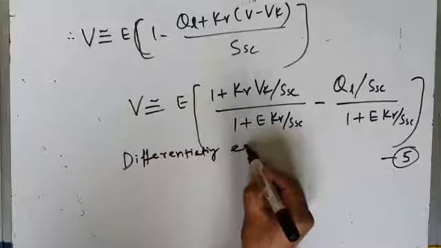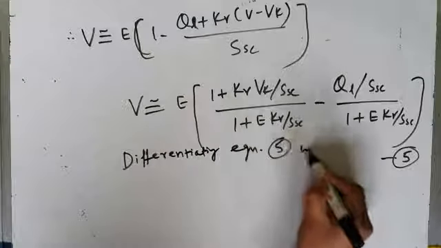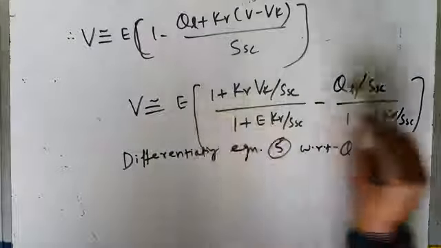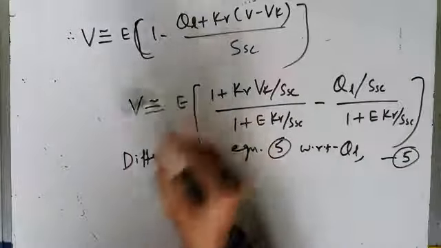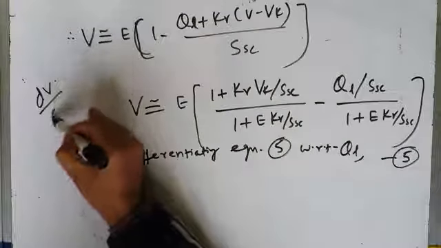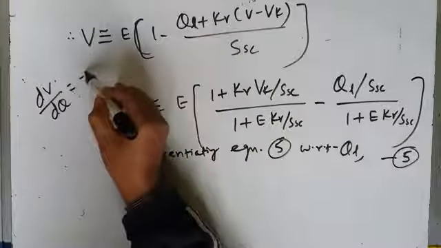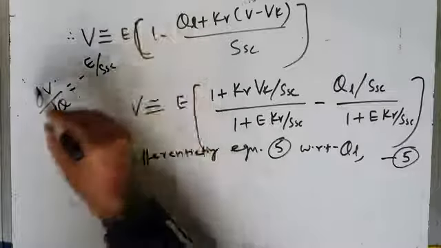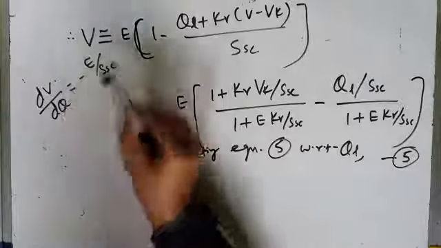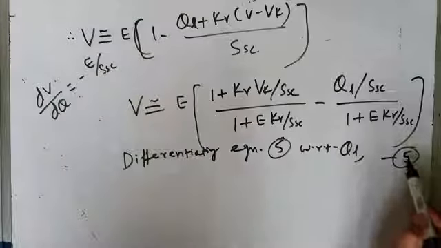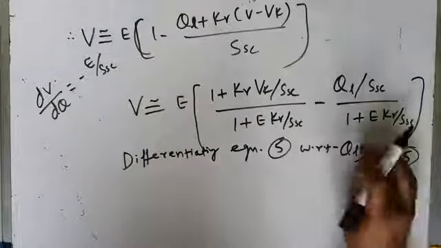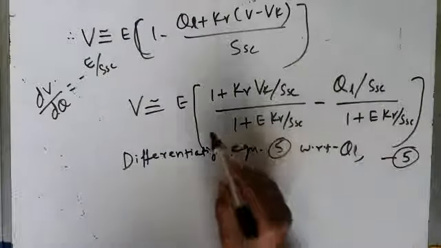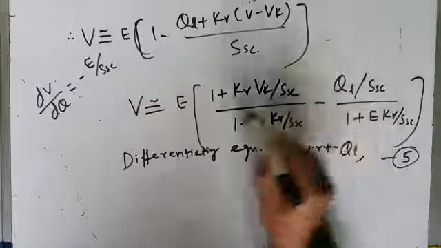Differentiating equation 5 with respect to QL will give us voltage sensitivity now in presence of compensator. Just few moments back we found voltage sensitivity to be dV by dQ equal to minus E by SSC, but that was voltage sensitivity of the system without compensator. If I differentiate equation 5 with respect to QL, it will give us voltage sensitivity in presence of compensator.